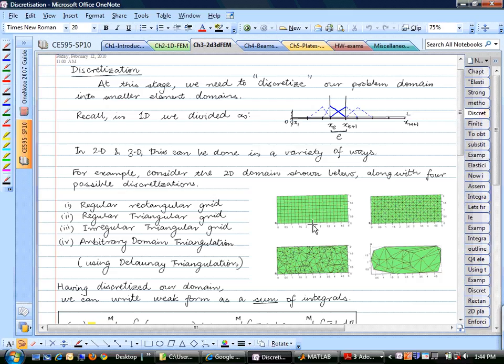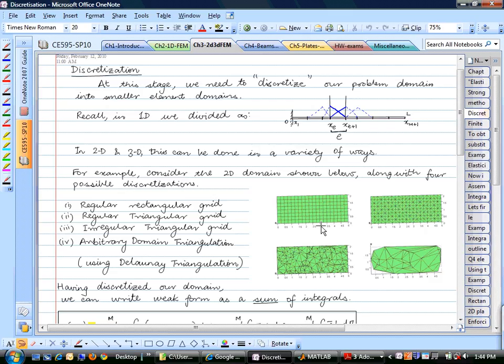Once you assume that your solution within an element is going to be, let's say, linear, that's when you make the approximation. So I think a lot of people actually ask what is the finite element method. One common answer is that you divide your domain into different parts, analyze those parts, and assemble them together.